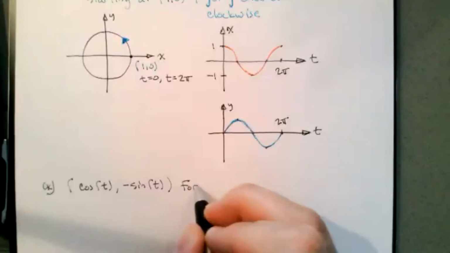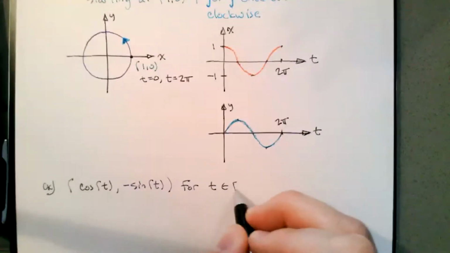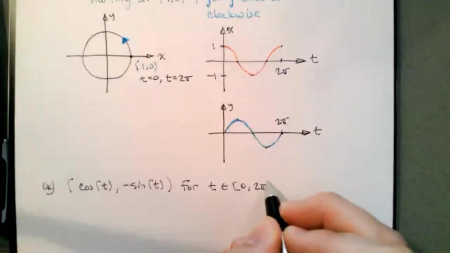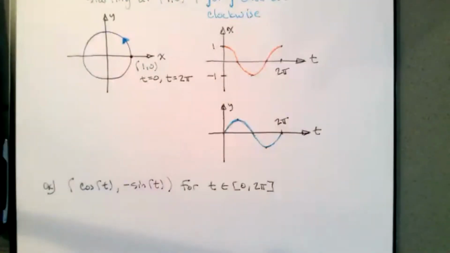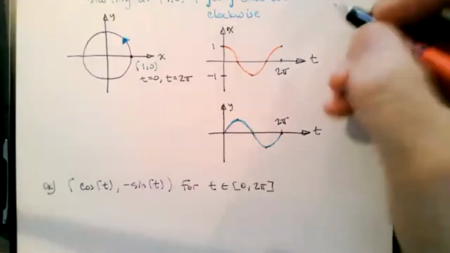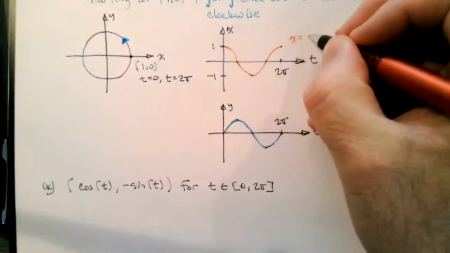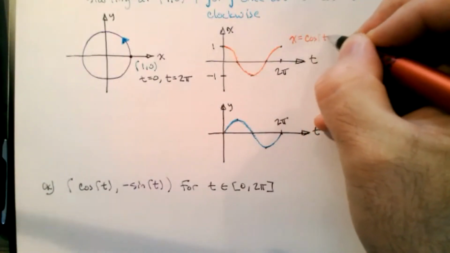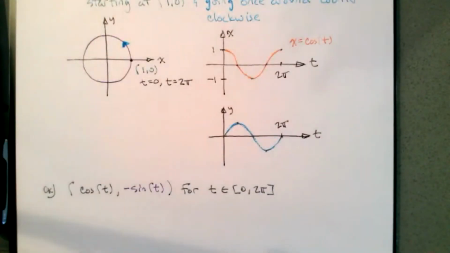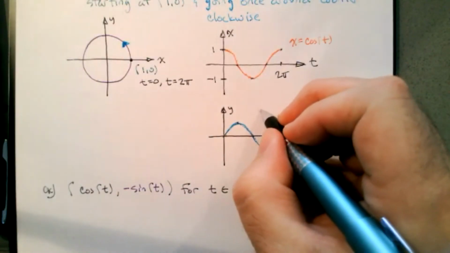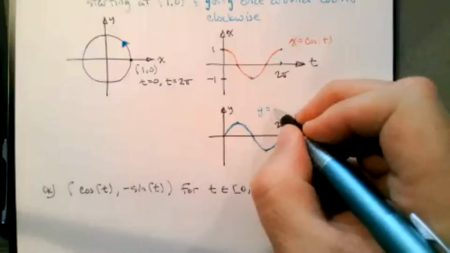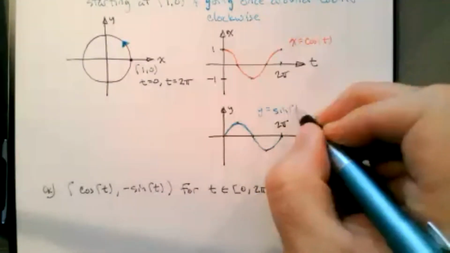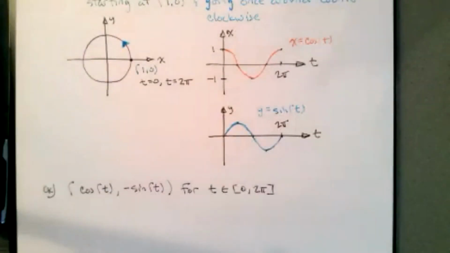And I'm still going to go for t between 0 and 2π. So up here, I have x is cosine of t, and in this blue graph, we have y equals sine of t. So now I want to change my sine of t for a negative sine of t.